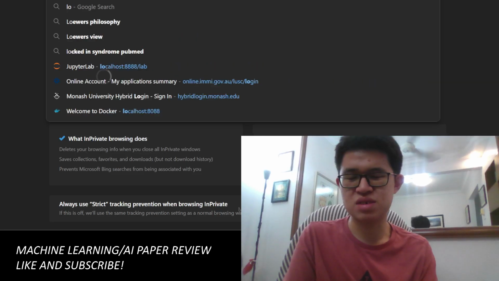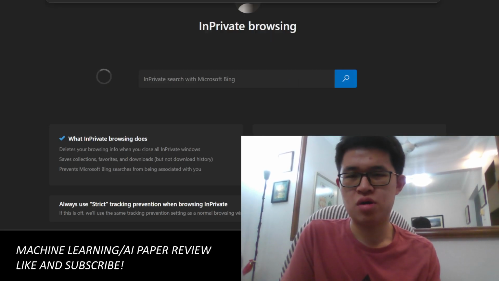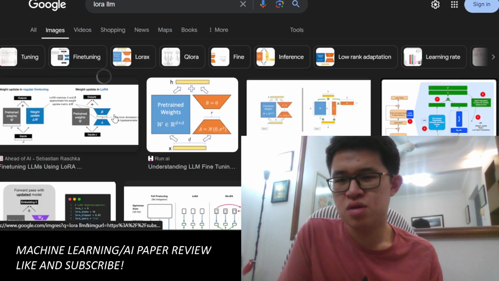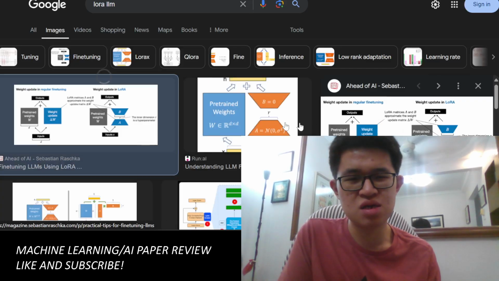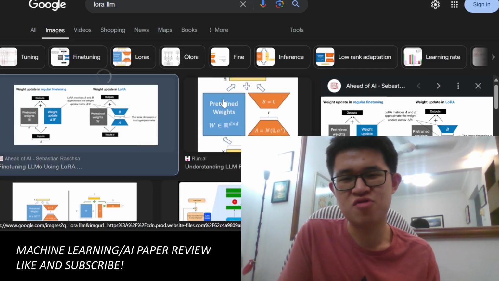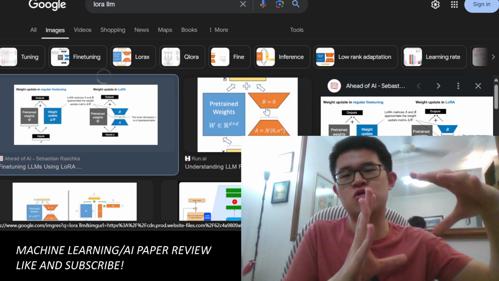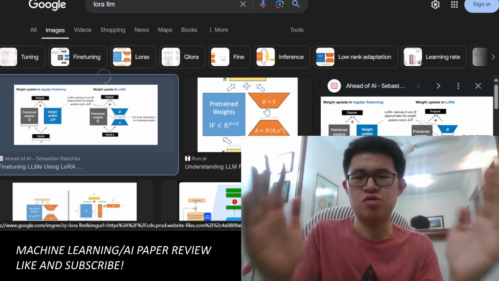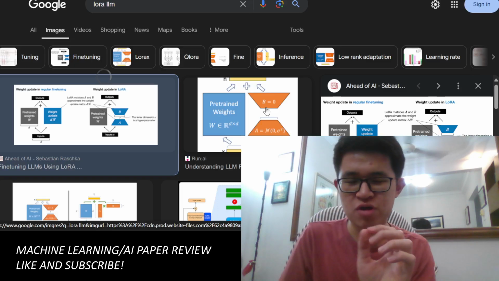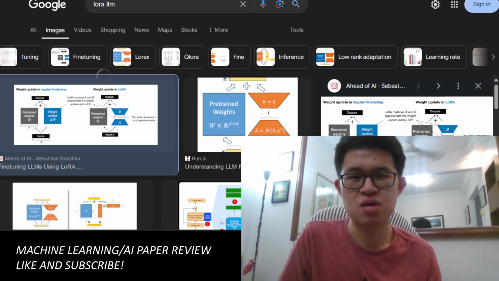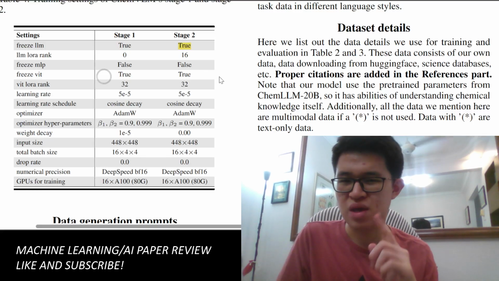Or am I missing something here? LoRA LM, let's see. Yeah, technically yes, because you're freezing the pre-trained weights, but LoRA essentially operates by having another trainable component to it, and then you can aggregate it up, right? So okay, that makes sense in that way.